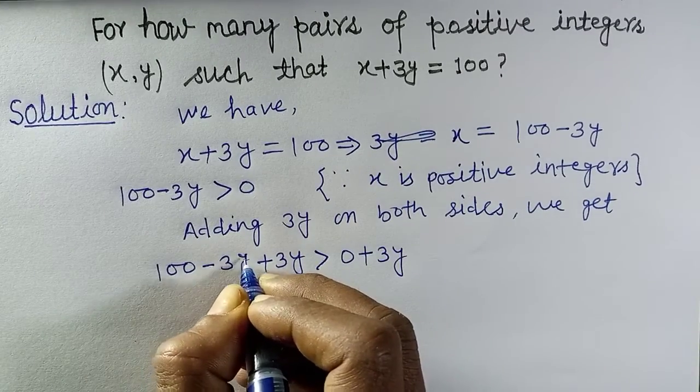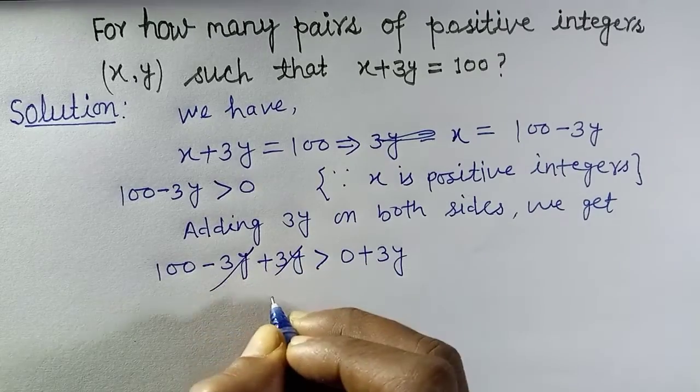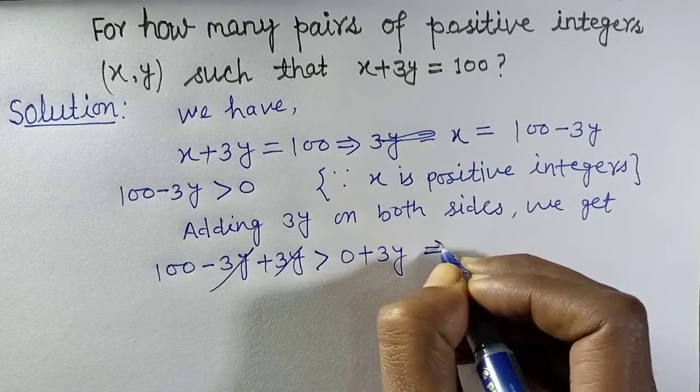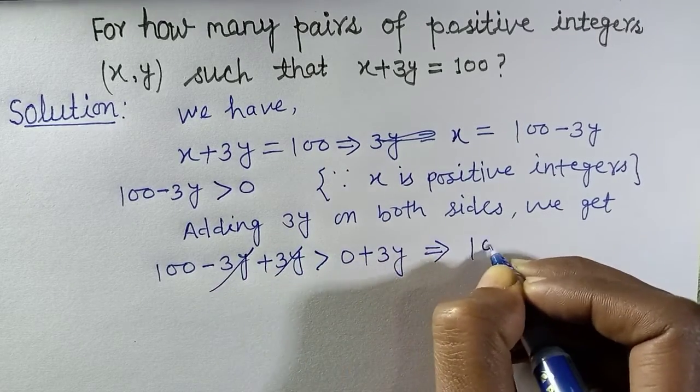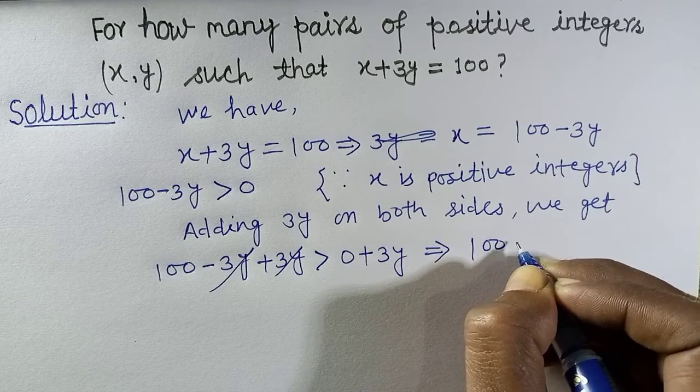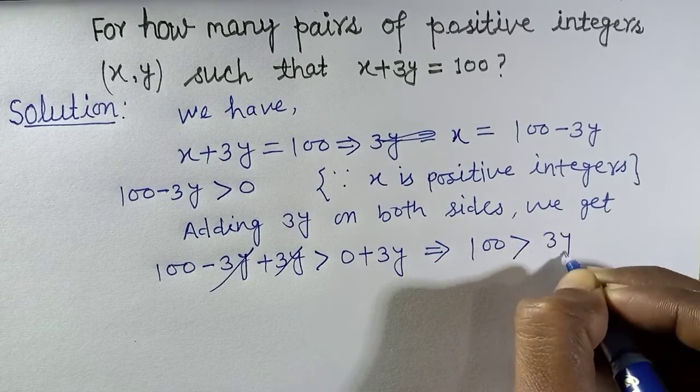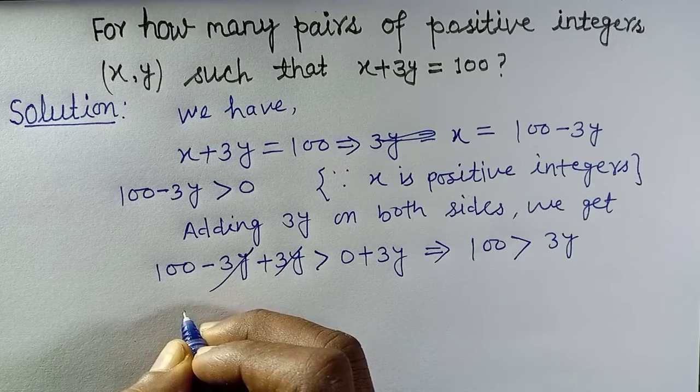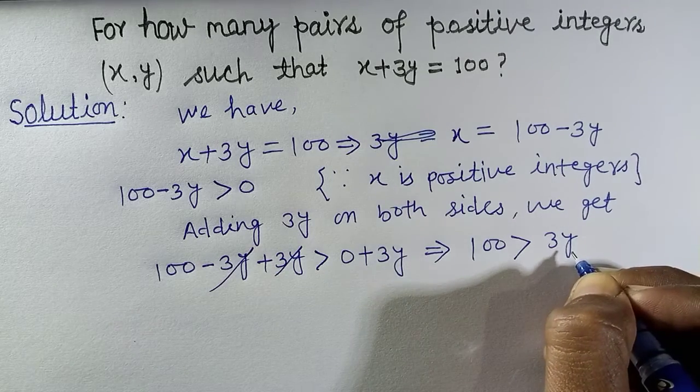So here minus 3y and plus 3y will be cancelled out. So we are left with 100 is greater than 3y. Now we have to find the value of y.